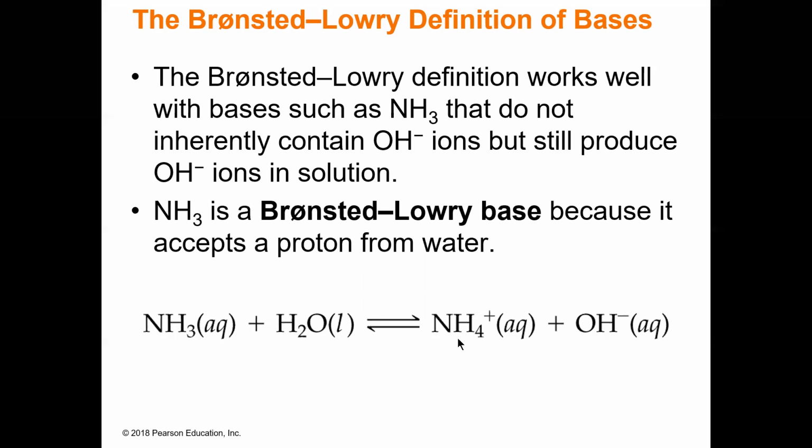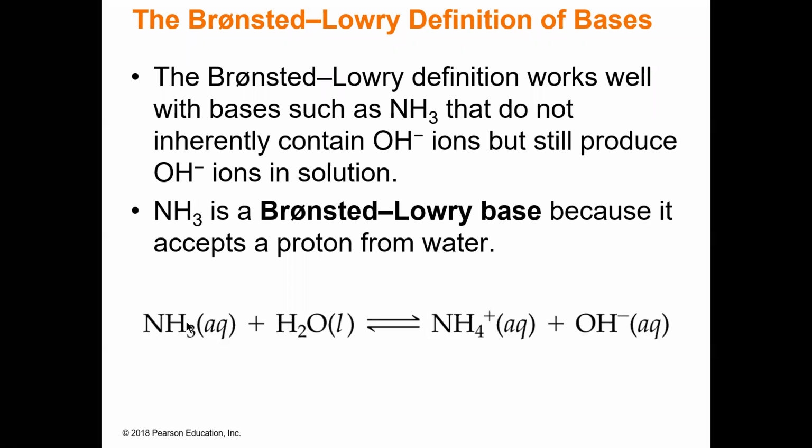So it becomes NH4 plus, right? It's added a hydrogen, and the water is now down a hydrogen. So the water has donated and the NH3 has accepted. Under the Bronsted-Lowry definition that would make this an acid and this a base. So the water is acting as an acid.